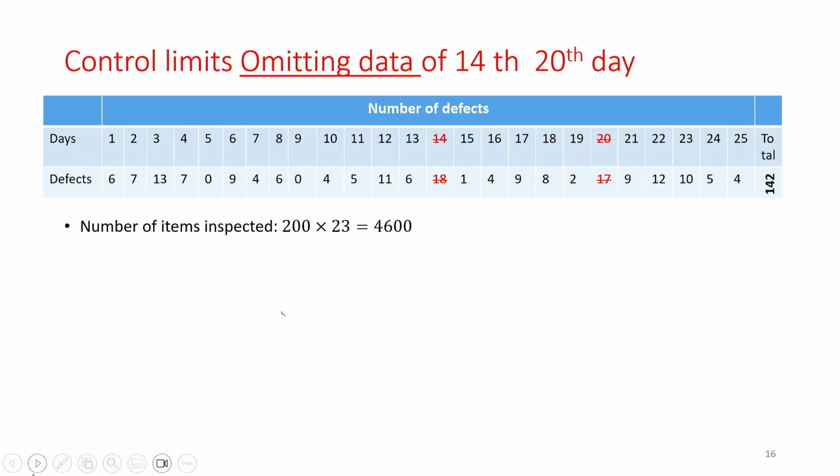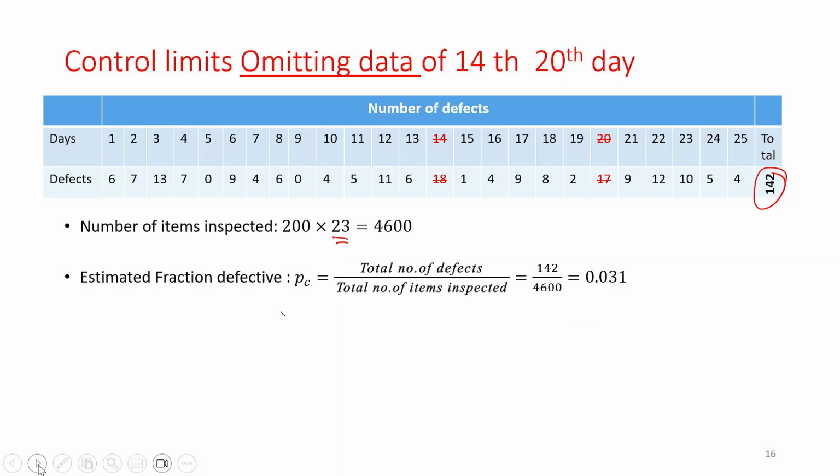If we remove these two data points, then we have a total of 142 defective garments produced on 23 days. So the total number produced is now 4600, and the estimated fraction defective is going to be 142 by 4600. That gives you a figure of 0.031.